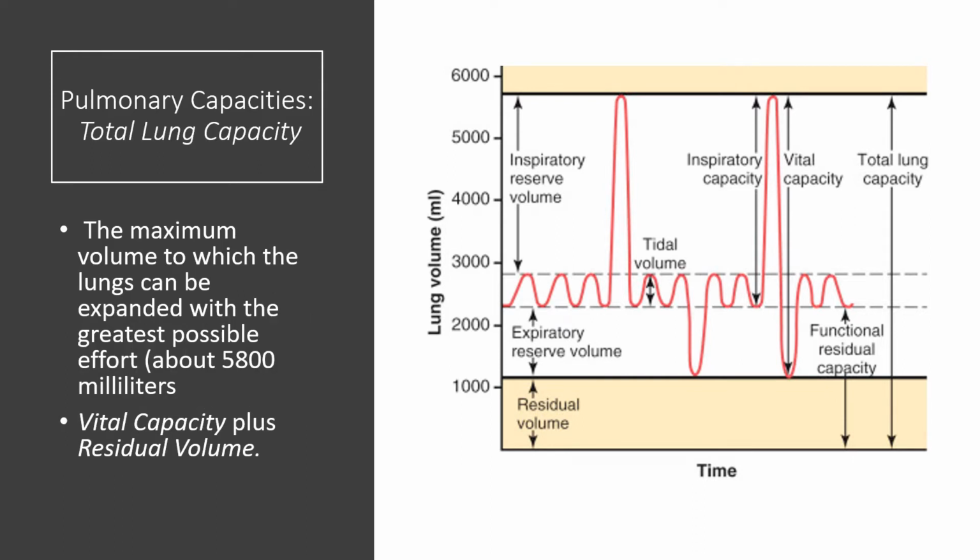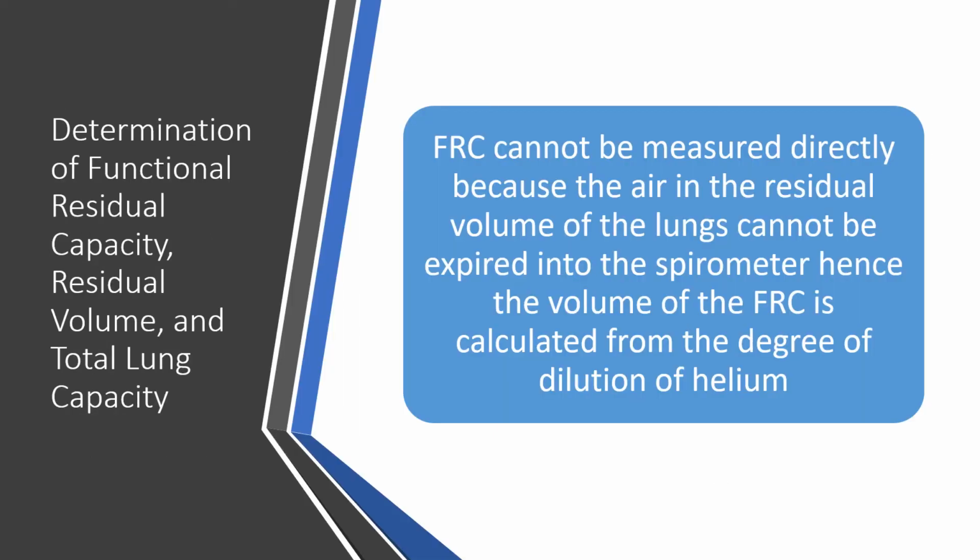The total lung capacity is the maximum volume to which the lungs can be expanded with the greatest possible effort, which is around 5,800 ml. This is the sum of the vital capacity and the residual volume.